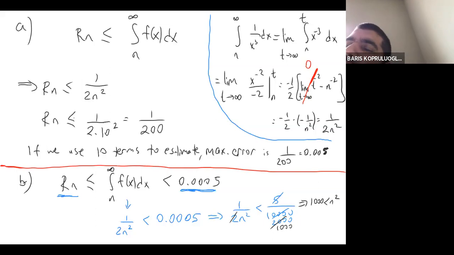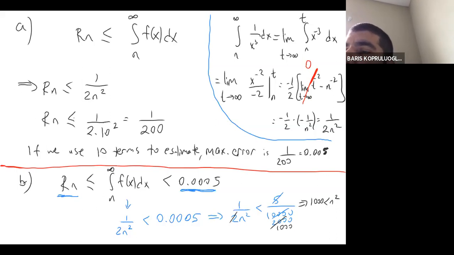So now the question is, what is the smallest n that satisfies this inequality? So try to think of an n whose square is greater than 1,000. For example, 30 squared is 900. It's close. If you calculate 31 squared, I think it's still less than 1,000. But if you calculate the square of 32, you'll see that it's greater than 1,000. So we will need at least 32 terms.